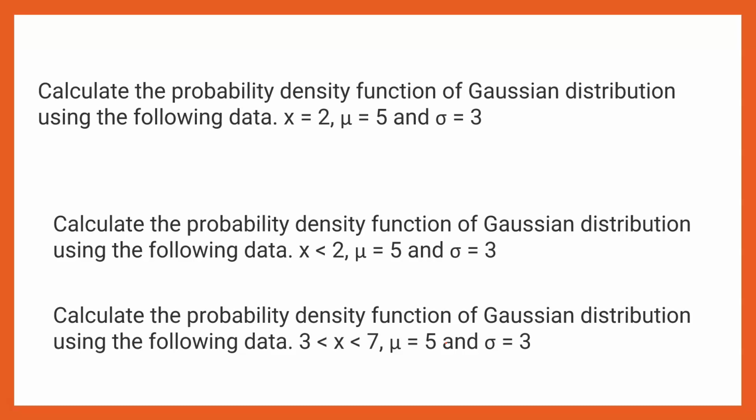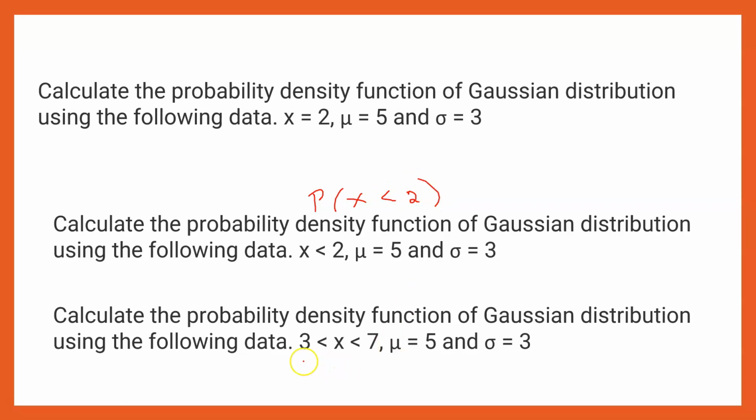Now what you need to find: calculate the probability density function of the Gaussian distribution using the following data. So apply the general formula. You find the PDF, right? And in the second one you are going to find P of x less than 2.